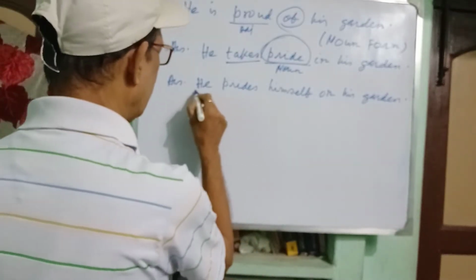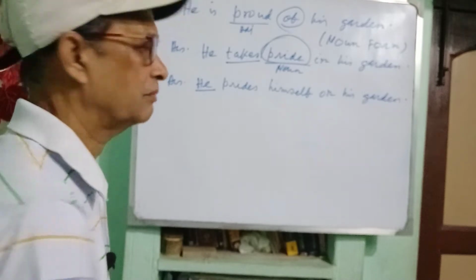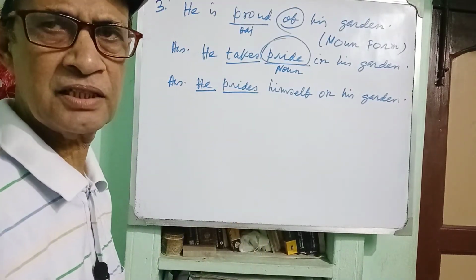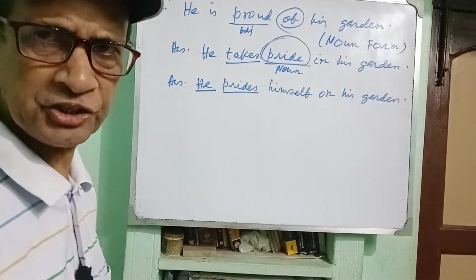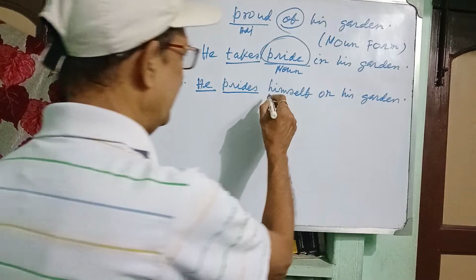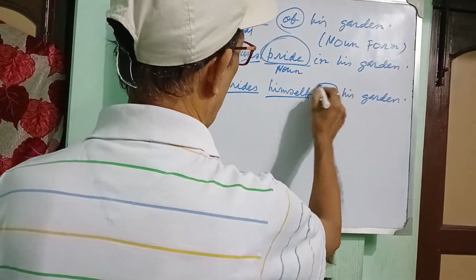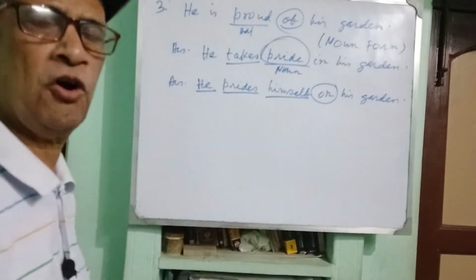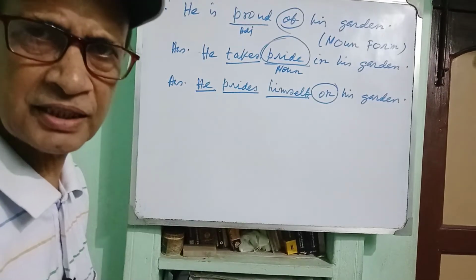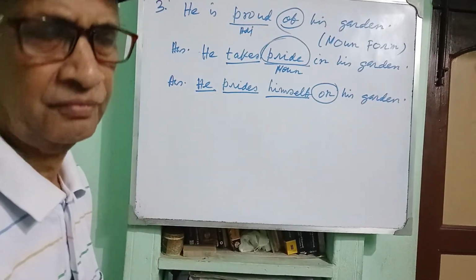You see that he is third person singular number. So s or es has been used as the suffix, prides, then himself, then on. Appropriate position: on. Pride oneself on.